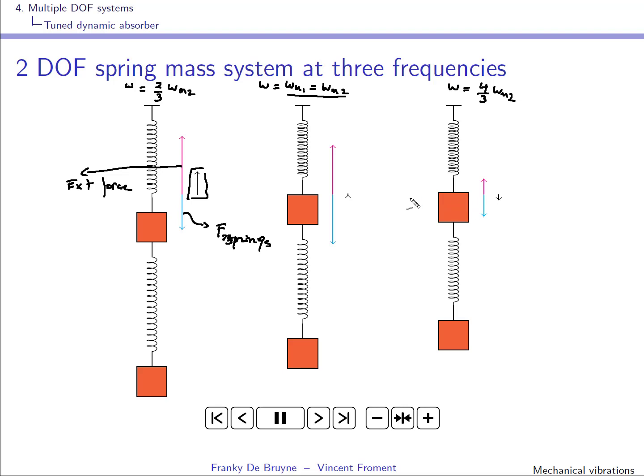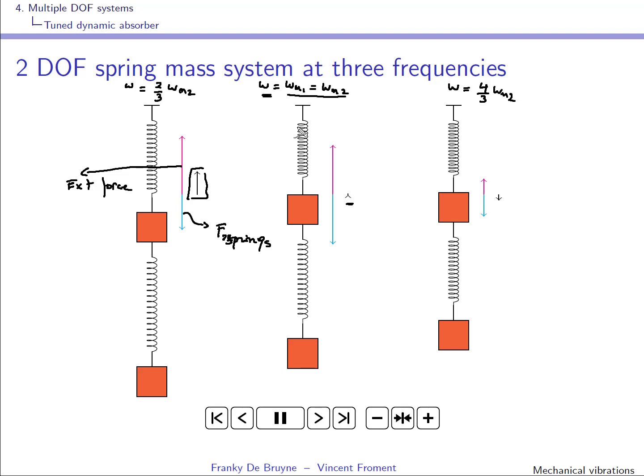And what you will see here is that with this tuned absorber, when you run it at the tuned frequency, both forces, the external force and the force exerted by the 2 springs, are equal but opposite in direction at all times.